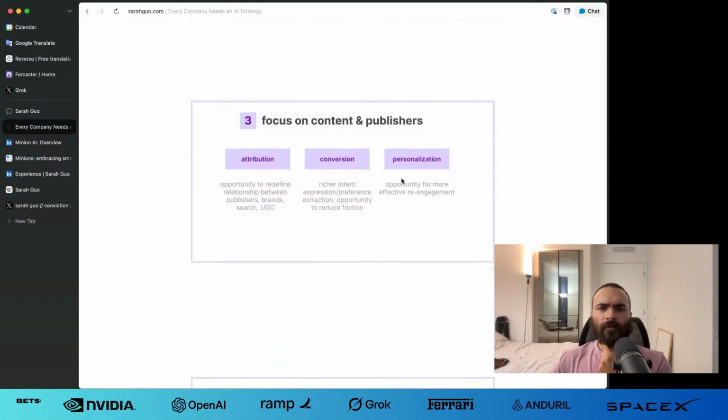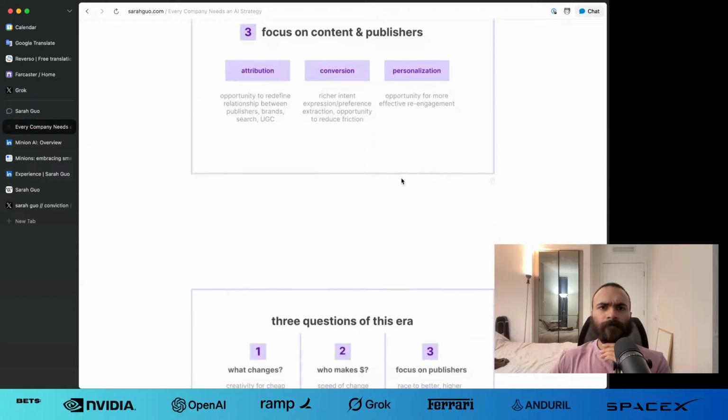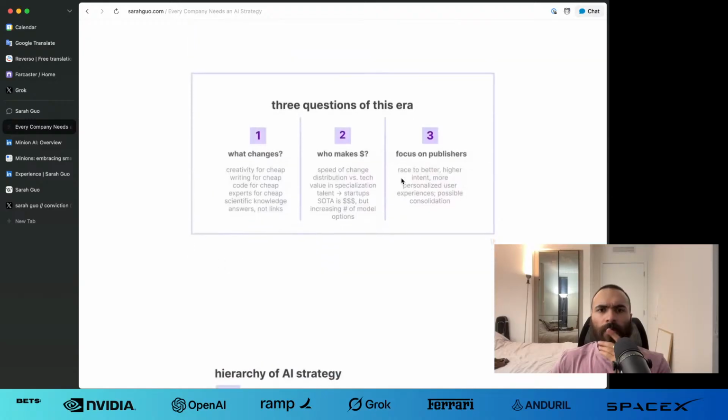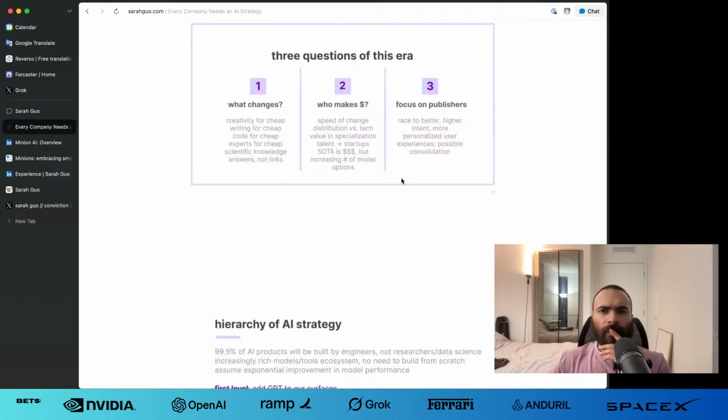Focus on content publishers. Attribution, conversion, personalization, opportunity to redefine the relationship between publishers, brands, search, UGC. Conversion, richer intent, expression, preference, extraction, opportunity to reduce friction. What changes, who makes dollars, focus on publishers.